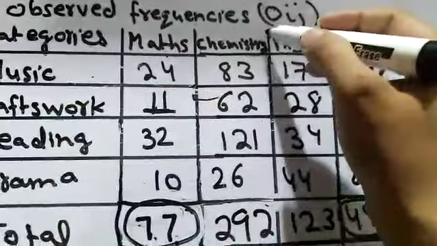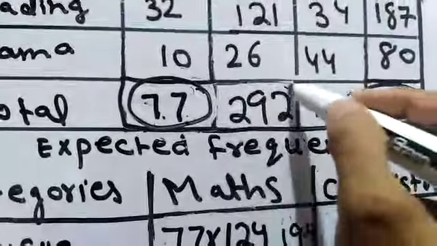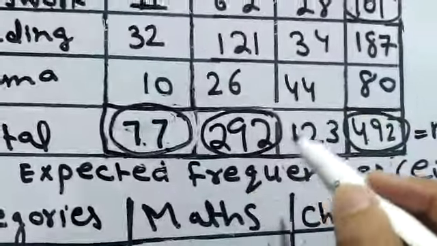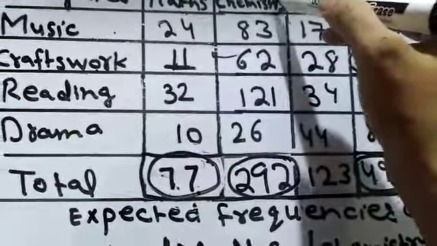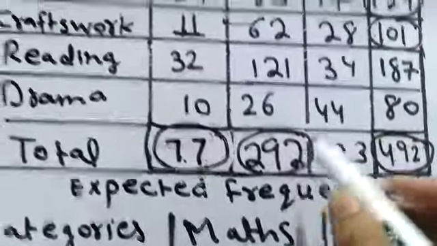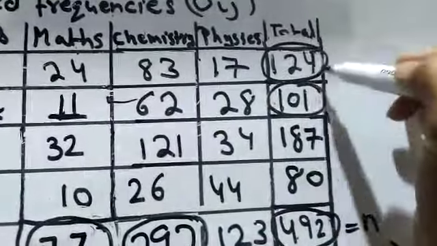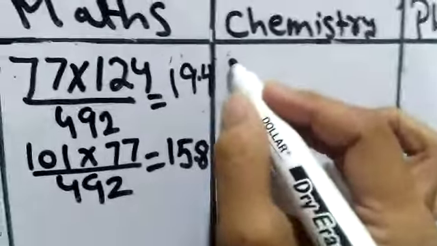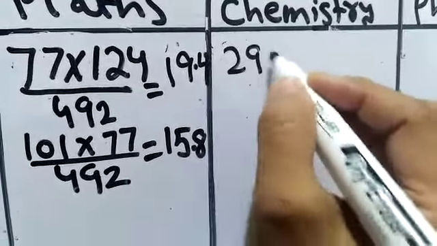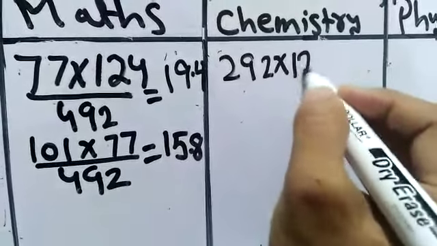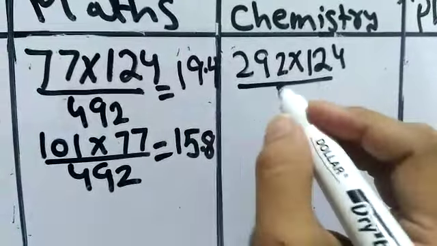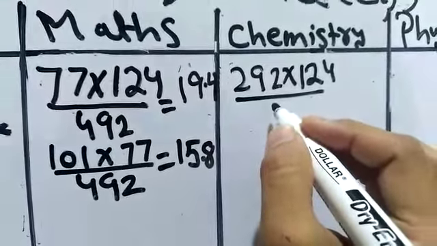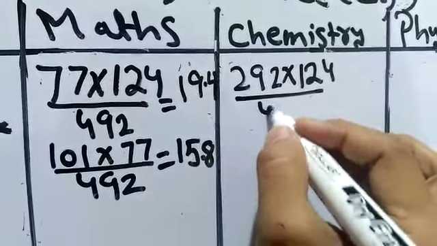Similarly, for chemistry and music, how many candidates have a degree in chemistry? 292. And the candidates whose hobby is music, that is 124. Then again, 292 multiply 124 divided by 492.